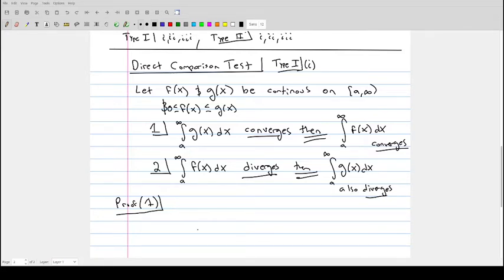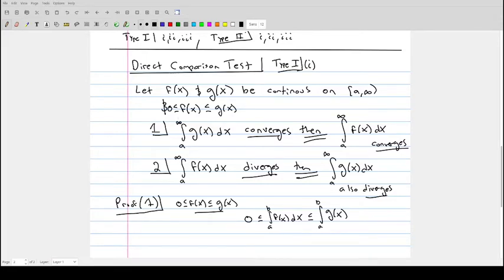First off, we've shown that for any integral from a to b, one of the properties of the integral is that if the function f of x is less than g of x, then necessarily the integral from a to b of f of x must also be less than or equal to the integral from a to b of g of x.